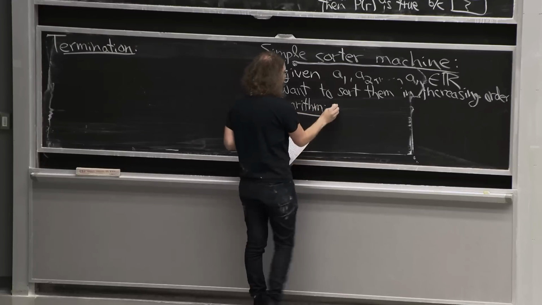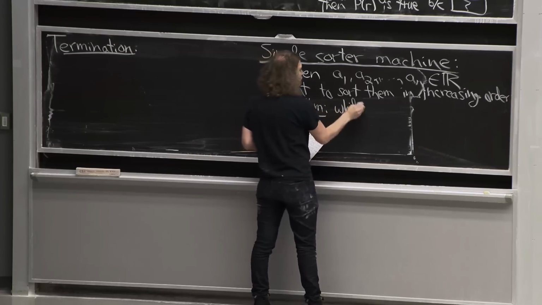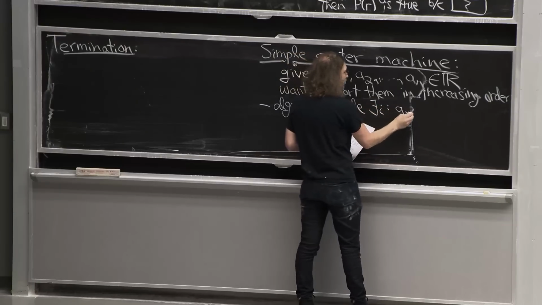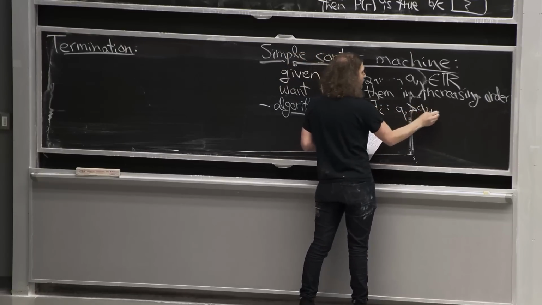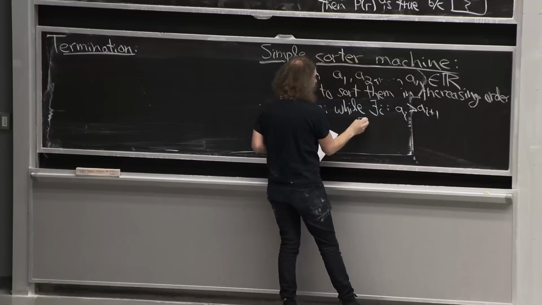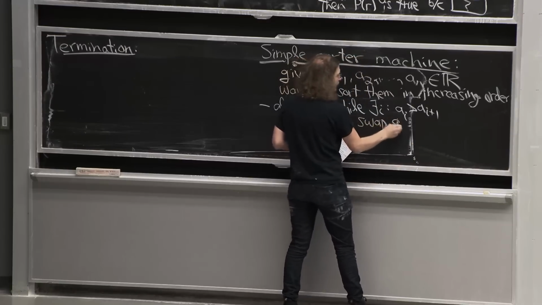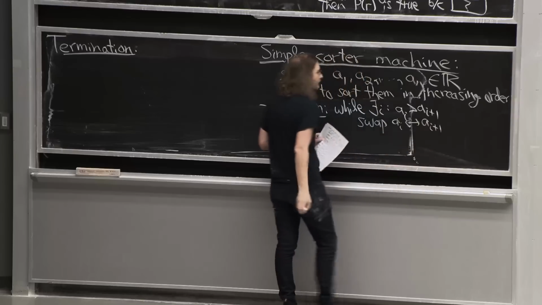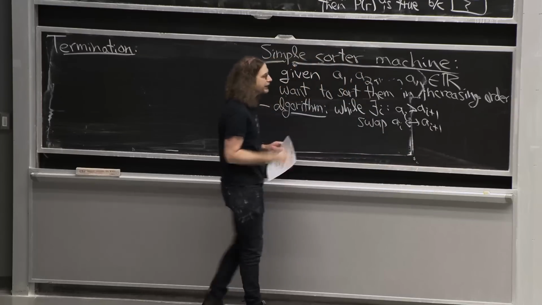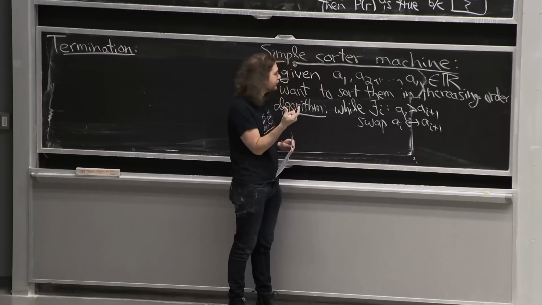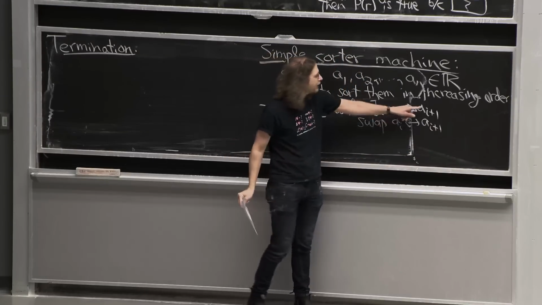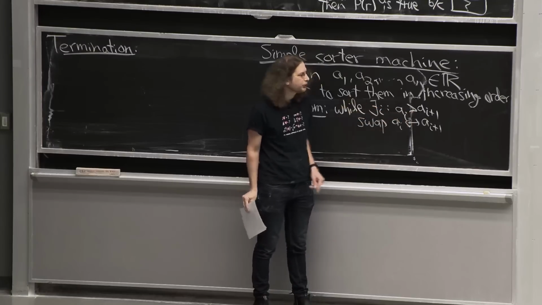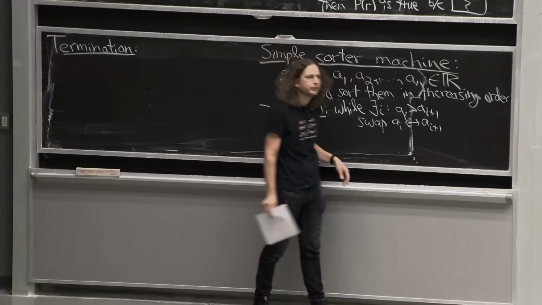While there's some index i where a_i is bigger than a_(i+1), swap a_i with a_(i+1). OK, so I'm just looking at consecutive pairs. And if there's some that's out of order, where a_i is greater than a_(i+1), then I want to swap them into the right order.